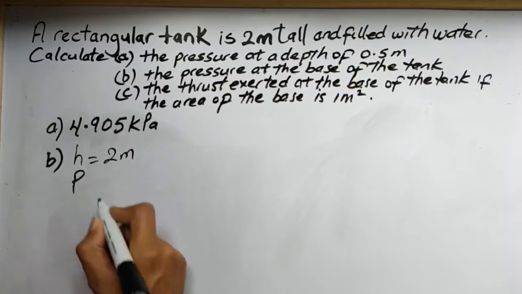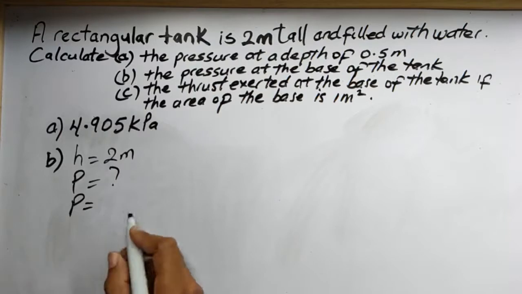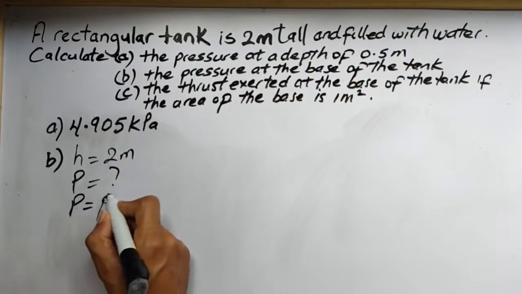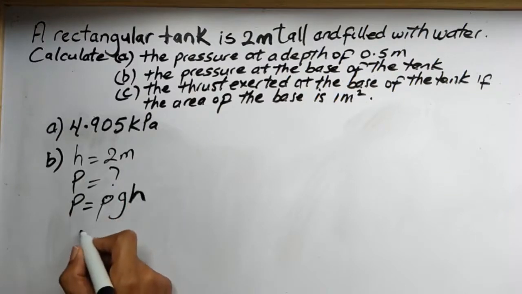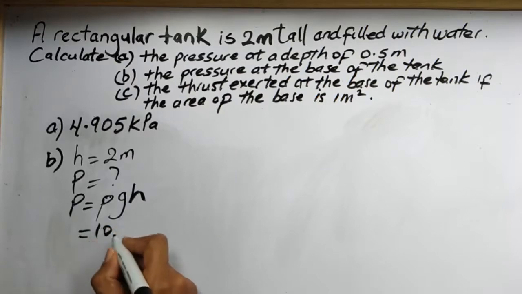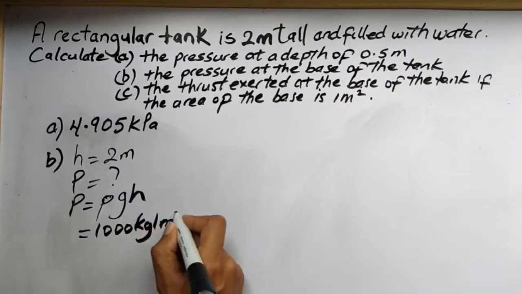They ask us to calculate pressure once again, and we know that pressure at any point in a fluid is given by density multiplied by gravity multiplied by height. So we could substitute values. Again, the density of water is 1000 kilograms per meter cube.